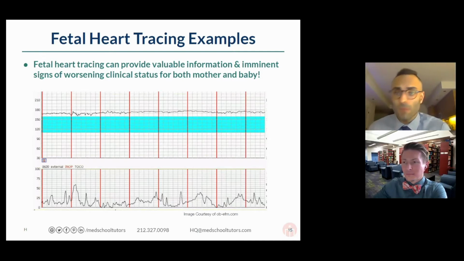And some differentials that you can think about with respect to the distress of the baby is the baby simply tachycardic because of the sepsis of the mother, or is there something more commonly tested on Step 2 CK, such as intra-amniotic infection or chorioamnionitis? That's what it used to be called. So fetal tachycardia, something to always be concerned about. Use the clinical context of the vignette and come up with your differentials.